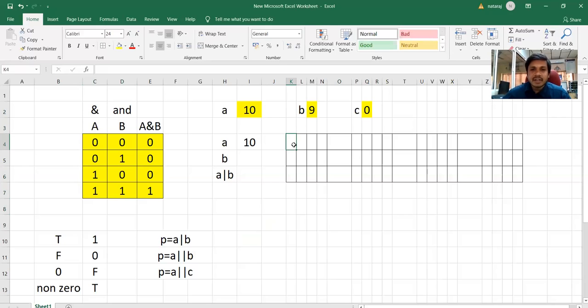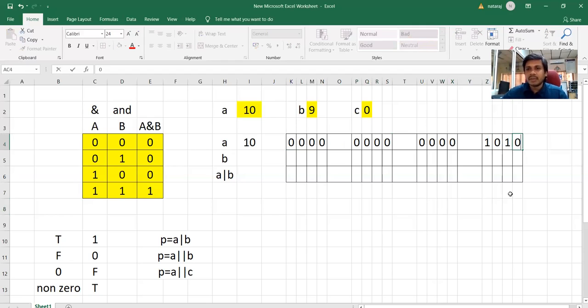I am writing the 16 bits as 4 fours. The binary value of 10 is 1 0 1 0.